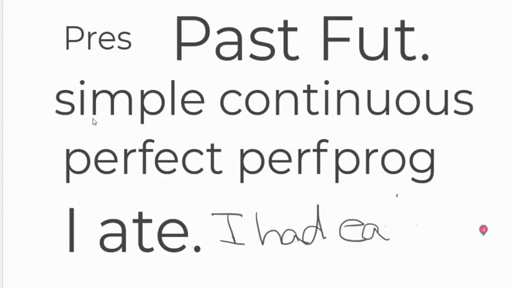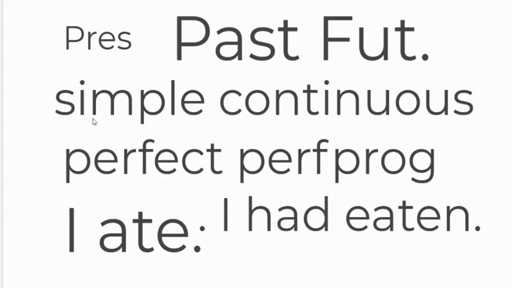All right. So, and again, this is going to be repetitive in terms of what we studied in the grammatical structure of English, but that's good because we repeat, we get to review, and you get to do well on that test. So I ate is the simple past tense. I had eaten is the past perfect tense.